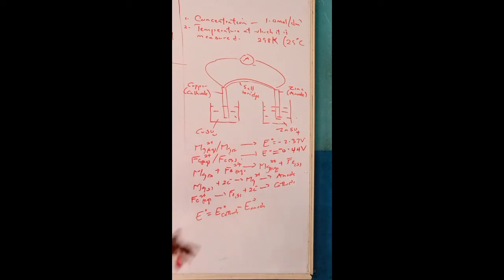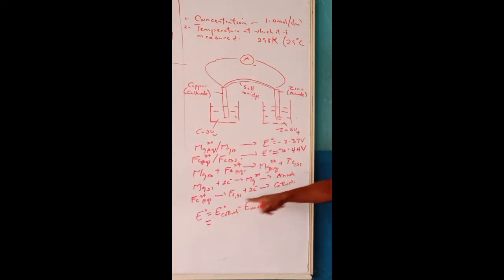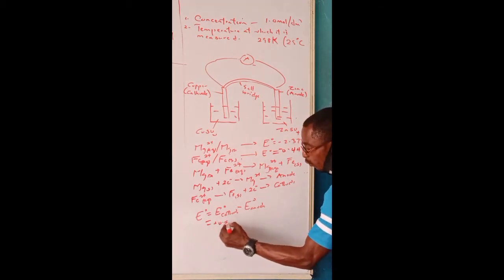This is the cathode. Go back. Is the cathode usually negative or positive? Go back to our table. I told you the ones lower are usually the cathode. Positive. Therefore, this cathode, which is minus 0.44, will not be minus 0.44 this time, because we have discovered that it is the cathode. So it's going to be plus 0.44.